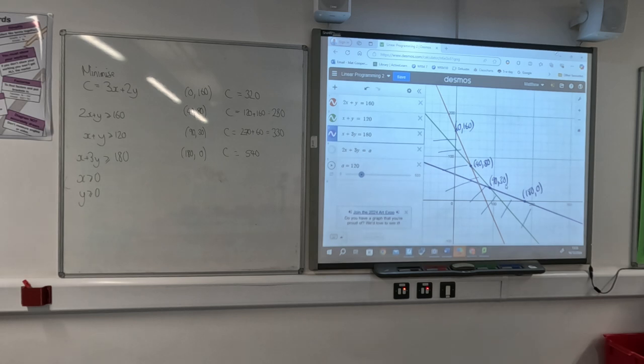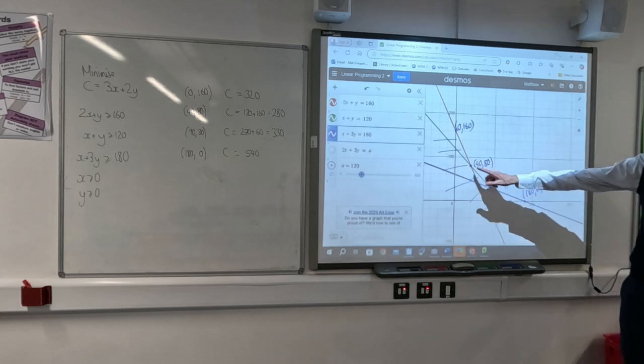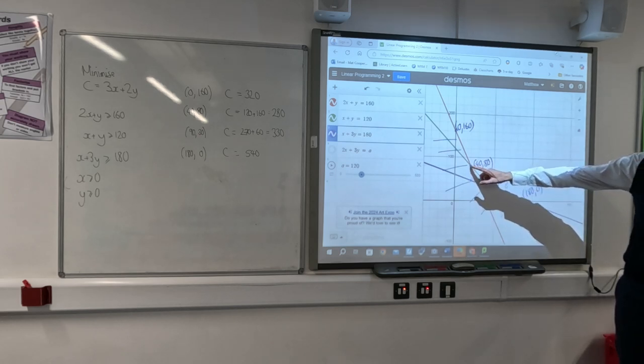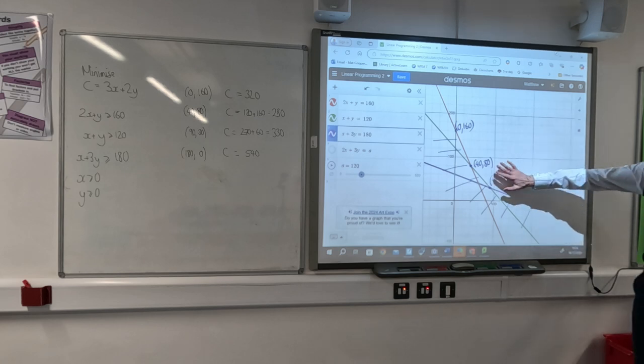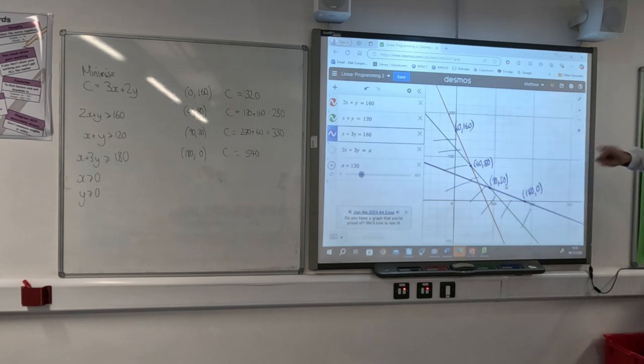So in this problem with no context, we've no idea what's going on here, but the minimum value of C is this corner here, that vertex in the feasible region. This time all of our constraints were greater than, so that's why we were looking above, remembering that we shade outside the feasible region.